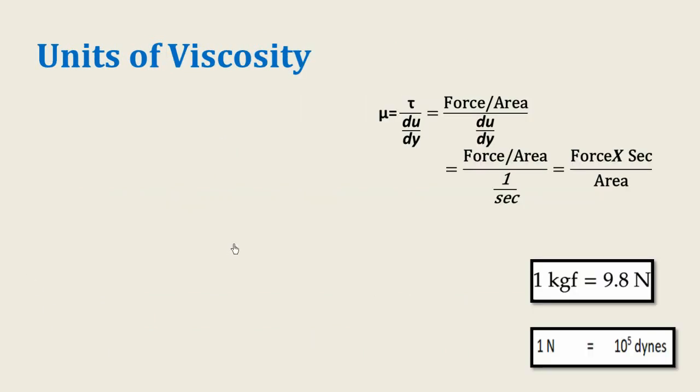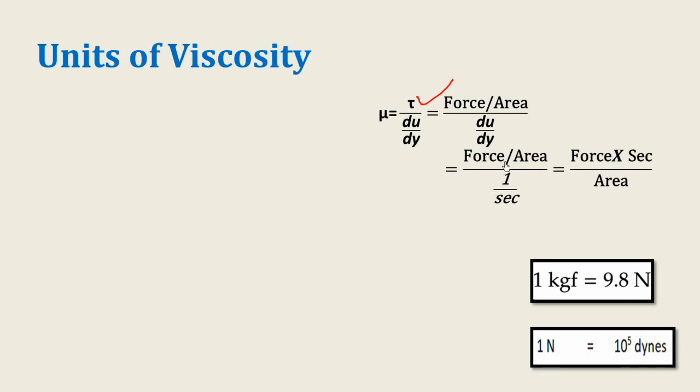Okay, now we'll see the units of viscosity. In most cases, viscosity means dynamic viscosity, or the coefficient of viscosity. So mu can be written as tau by du by dy. Shear stress is nothing but force by area, divided by du by dy.